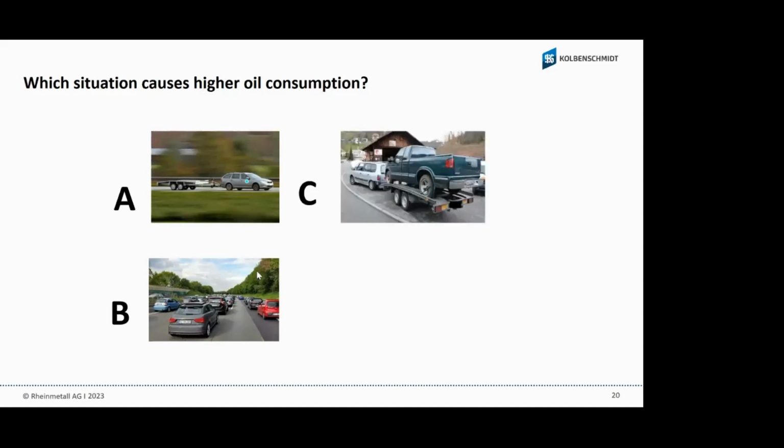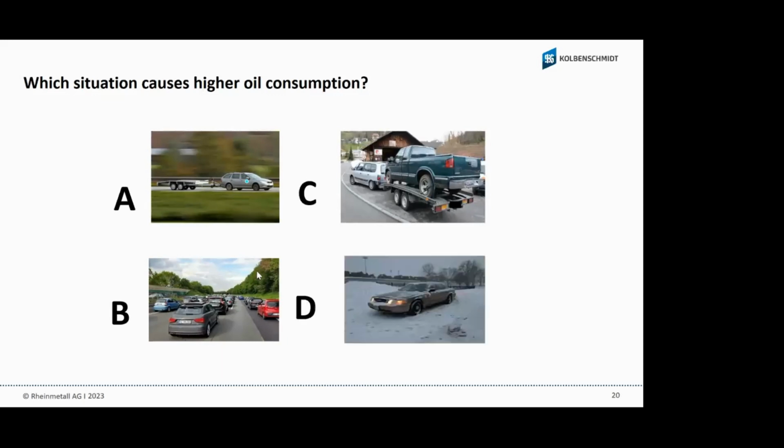C, a car with a trailer behind with a lot of load. Or D, they run the engine in very cold conditions. What do you think? Which kind of car has higher oil consumption, A, B, C, or D? This can also be two different ones.